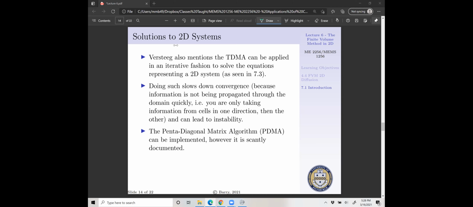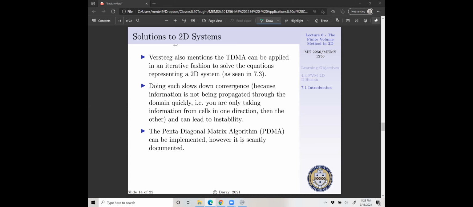However, there is a paper, and I think it's early 90s when this was published, on the pentadiagonal matrix algorithm, where it's really just doing a fixed point iteration, where you're trying to get only one term on the bottom row of your coefficient matrix, because then if you look at your solution matrix, you know what that is going to be equal to.